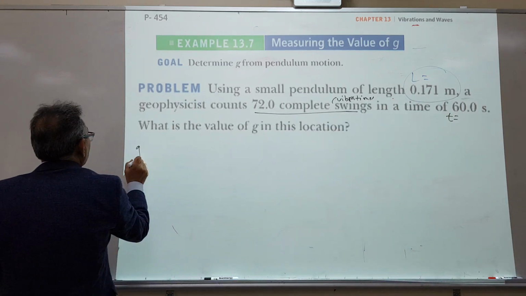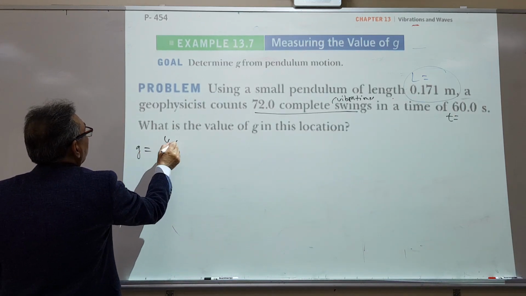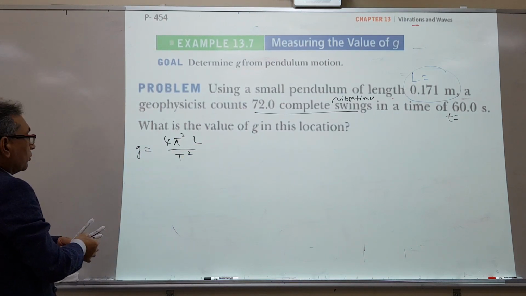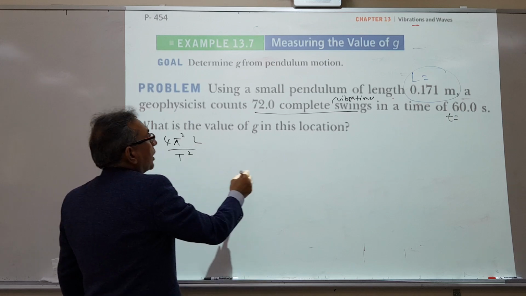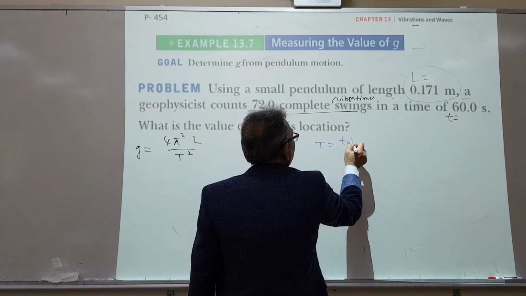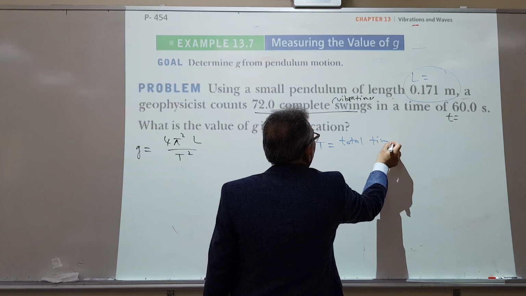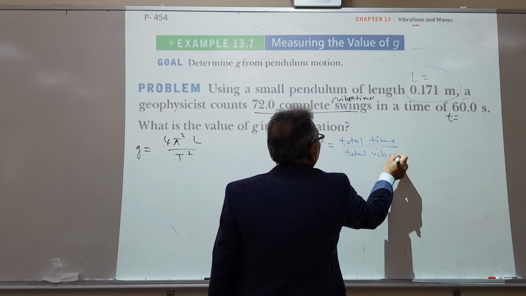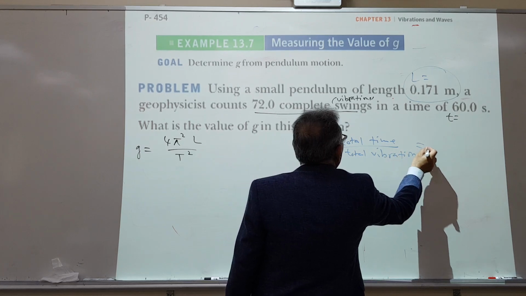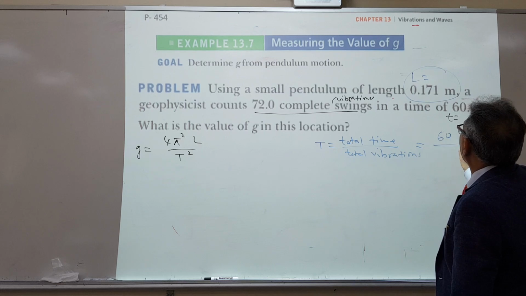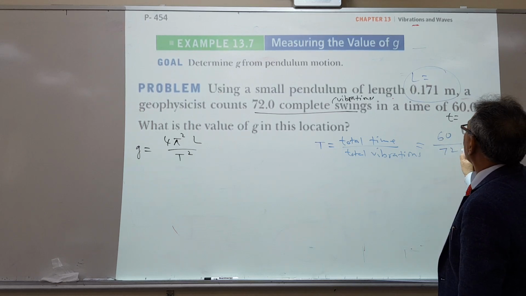As I told you, g is equal to, we just finished, 4 pi square L over T square. L is given, T you have to find out. Capital T time period is equal to total time over total number of vibrations. Time you have 60 seconds and the vibrations 72.